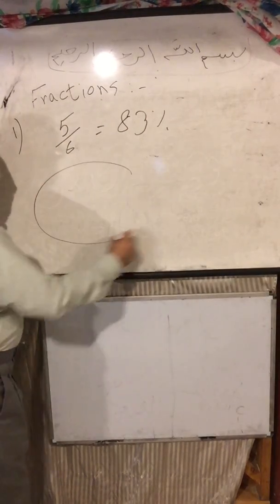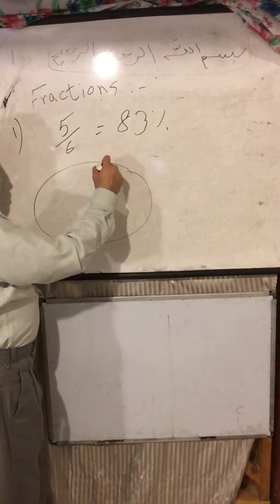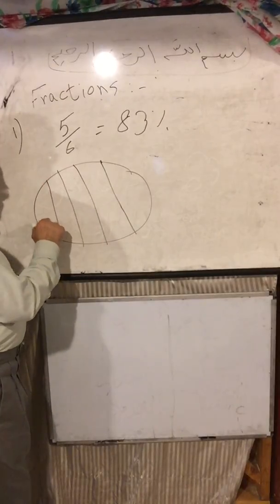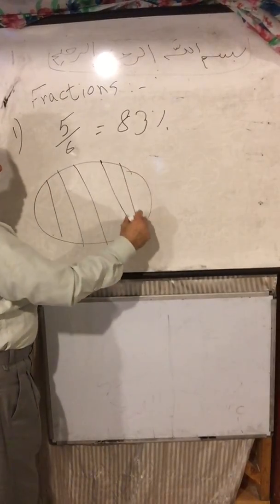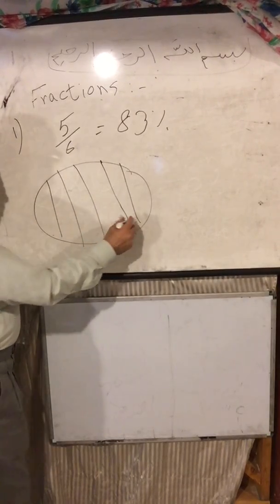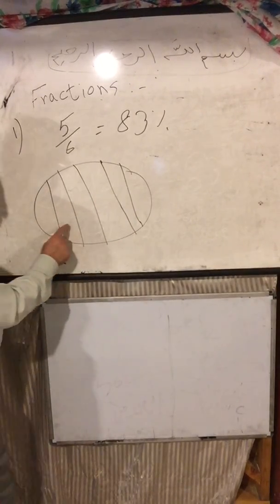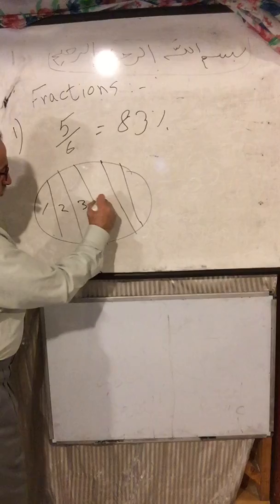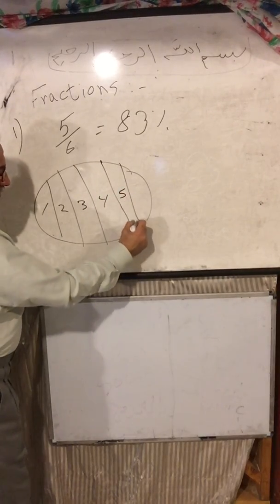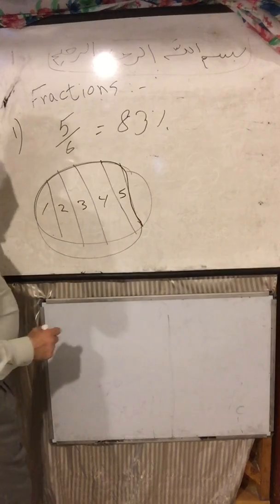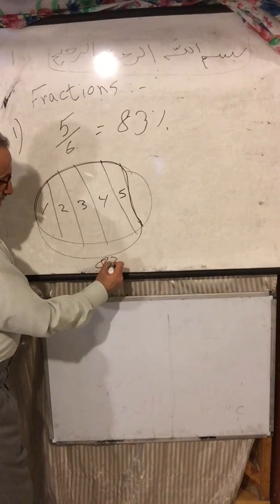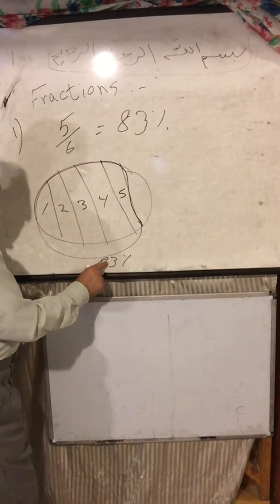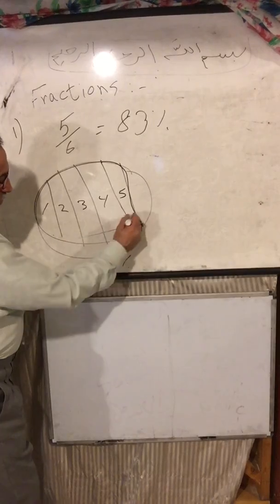So let's say we have 6: 1, 2, 3, 4, 5, 6. If we take these 5, 1, 2, 3, 4, 5, these 5 here is 83% of the whole thing.